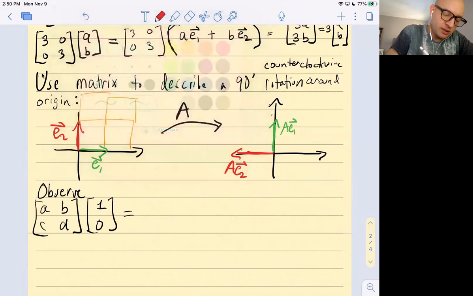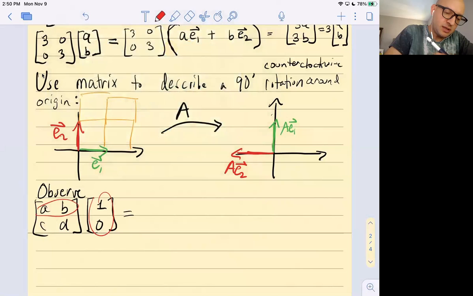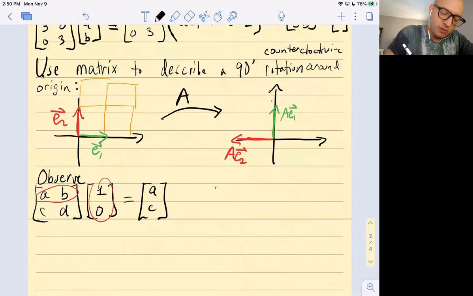When you do the first truck into this parking spot, you get A, and when you do the second truck, you get C. So it's really nice: whenever you multiply a matrix times 1, 0, you get the first column, A C. Similarly, if you multiply any 2x2 matrix A, B, C, D times 0, 1, it tells you the second column.